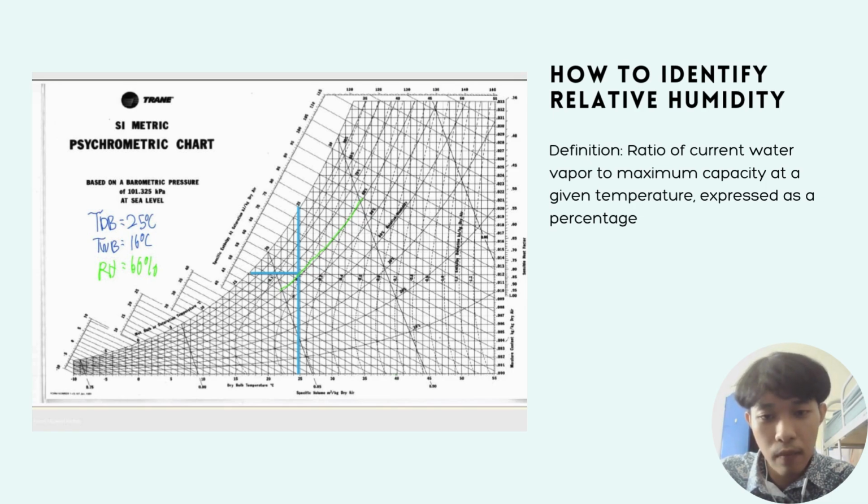As you can see in the graph, the blue line goes upward for temperature dry bulb, and to the right for the temperature wet bulb. The incline point shows that it touched the 60% relative humidity line. So the relative humidity for this graph is 60%.